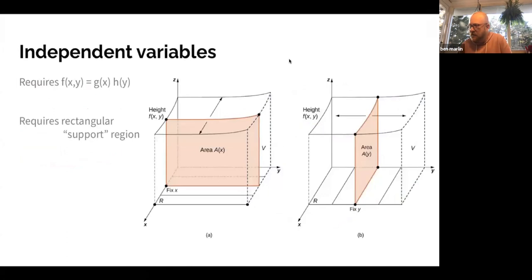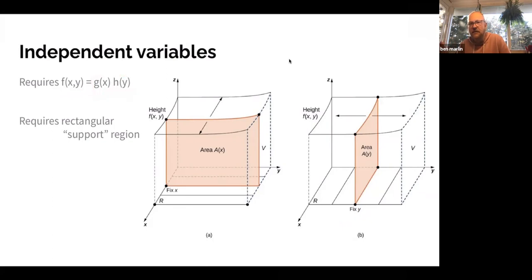Anyways, the other big concept here is the notion of independent variables. Variables are independent provided that the joint probability distribution function is going to be the product of a PDF for the x's and a PDF for the y's.